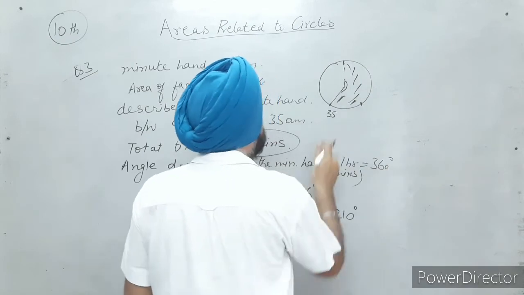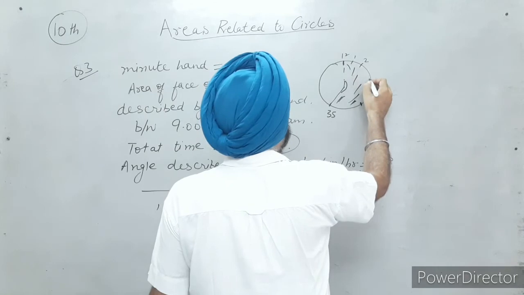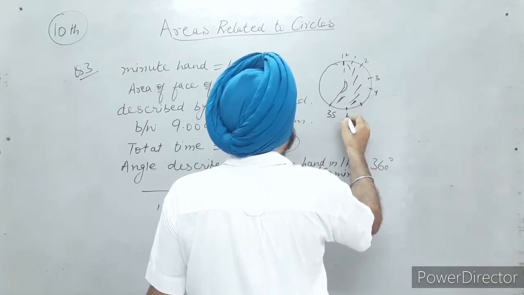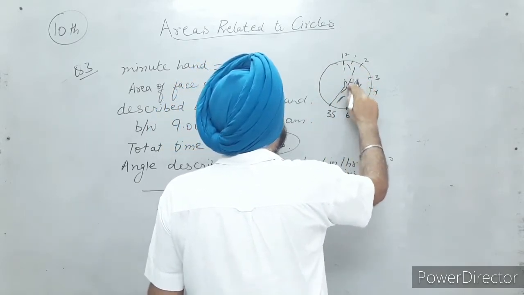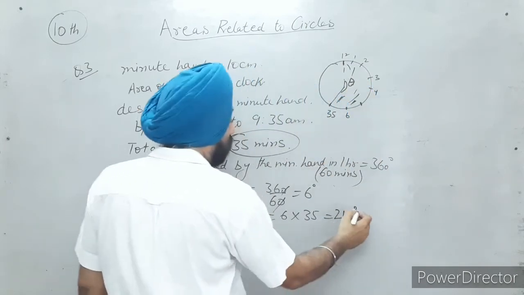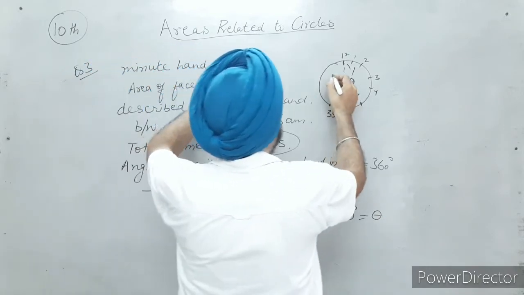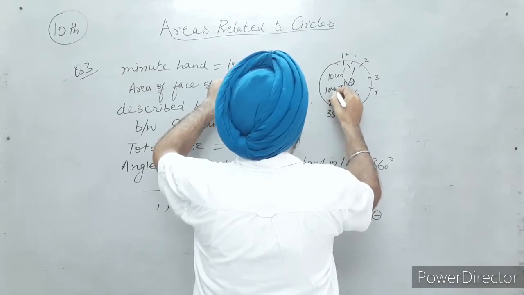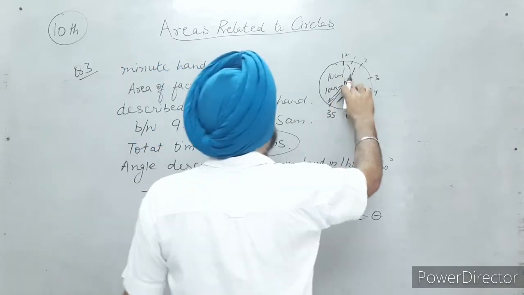This is 1, 2, 3, 4, 5, 6 and 7. That is 35 minutes. Theta is this. Now theta is equal to, I have calculated as 210 degrees. So minute hand radius is 10 centimeter. This is 10 centimeter. This is also 10 centimeter. Now I need to find the area swept by the minute hand.